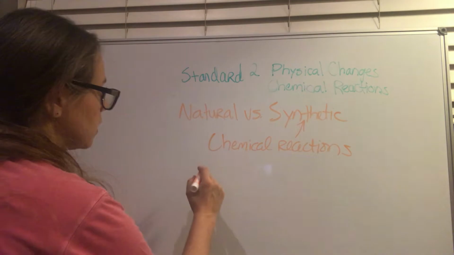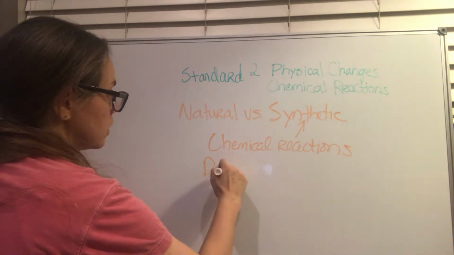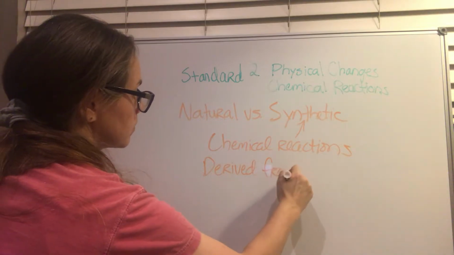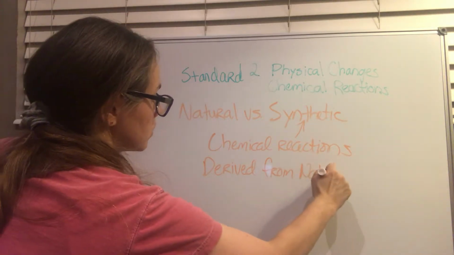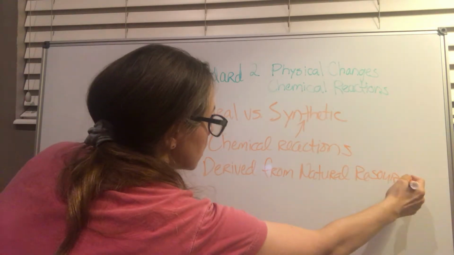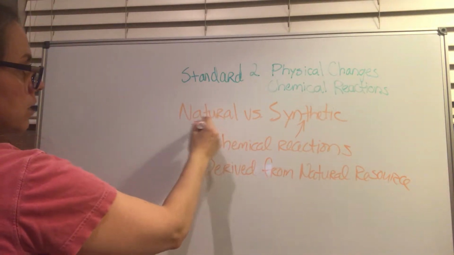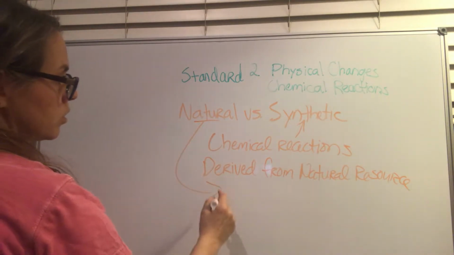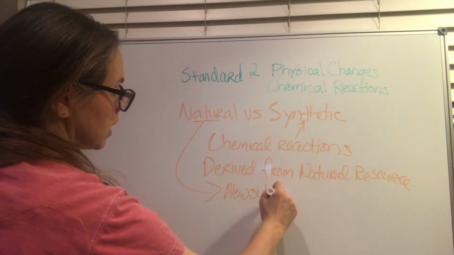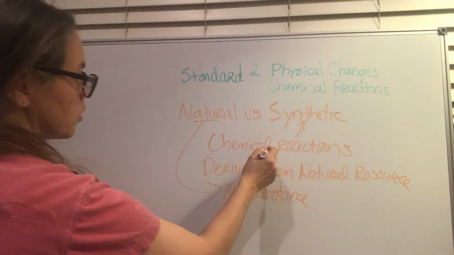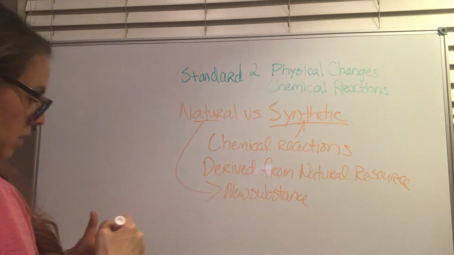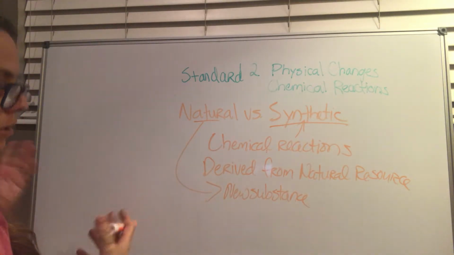And when we say a substance is derived from natural resources, a lot of times what's going on is that we're combining natural resources to create a new substance, and we're doing that via chemical reactions. And that's what makes it synthetic, something that we are making that doesn't occur naturally.